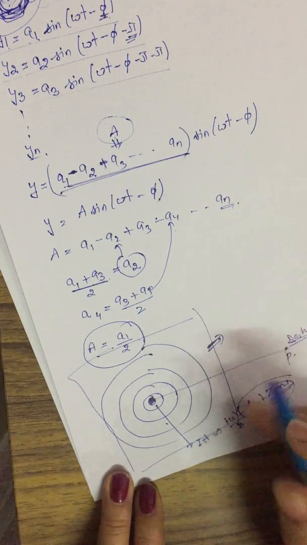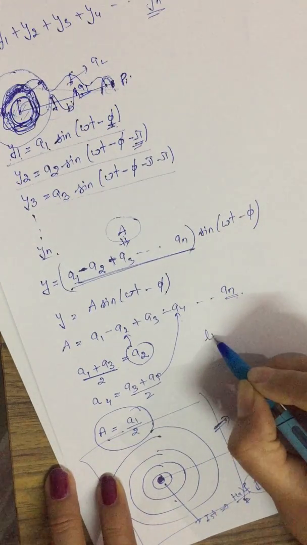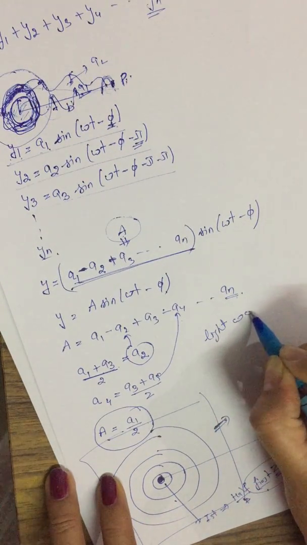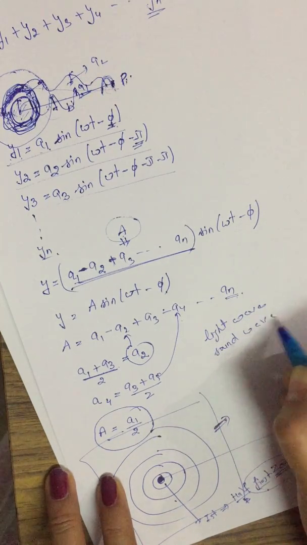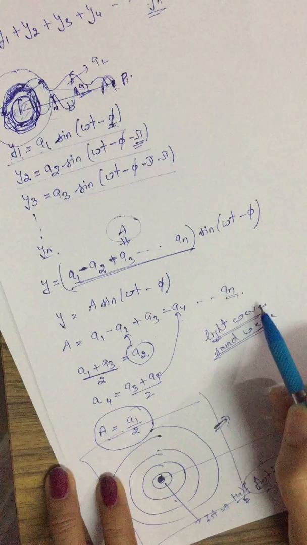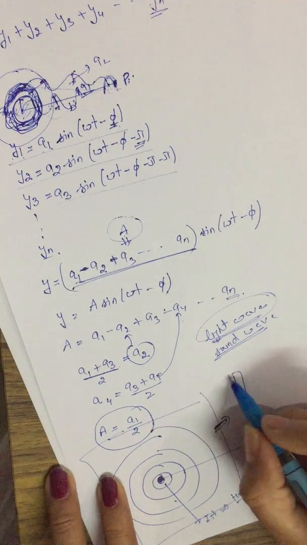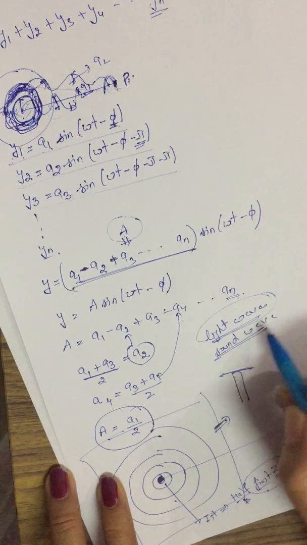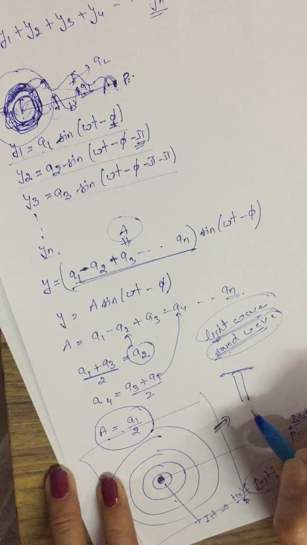Hence, due to this reason, if we compare light waves and sound waves, light waves bend only a little, whereas sound waves move around walls.